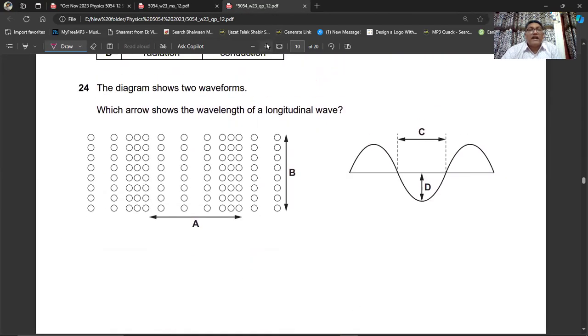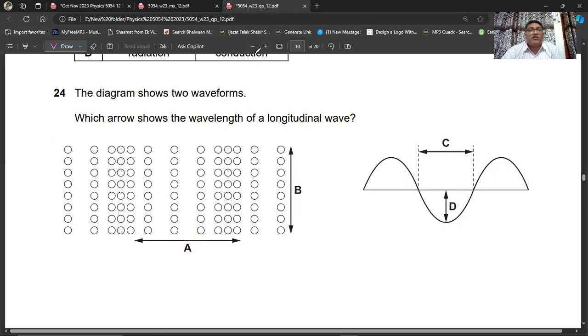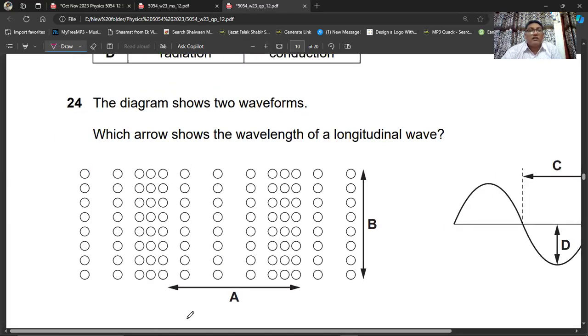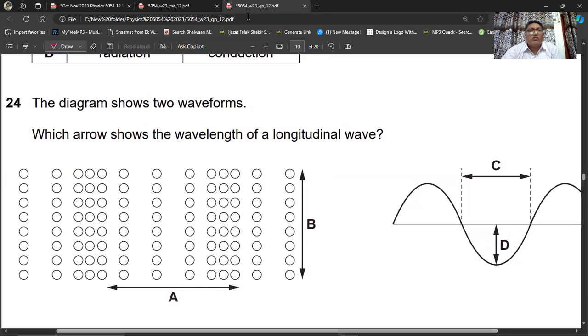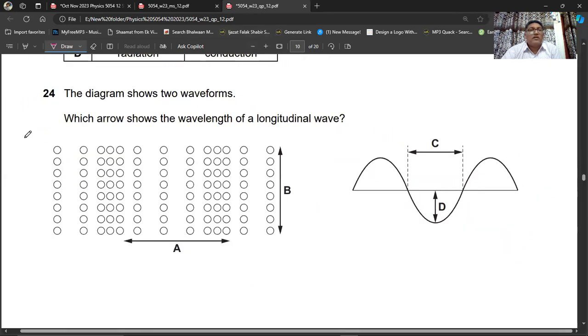Okay, so here we have question number 24. The diagram shows two waveforms. Which arrow shows the wavelength of a longitudinal wave? You see, this diagram here shows compressions and rarefactions, so this is a longitudinal wave.